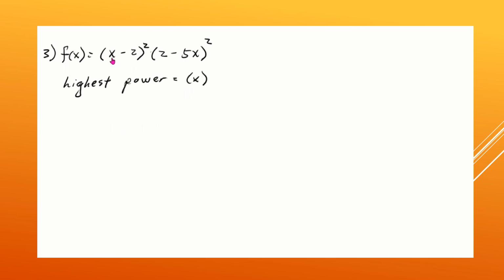The first factor is x to the power 2, the second factor is negative x to the power 2. So it is x to the power 4 and positive, because even though in the second factor the x is negative, the power 2 makes the negative become positive. So finally that is a positive x to the power 4.